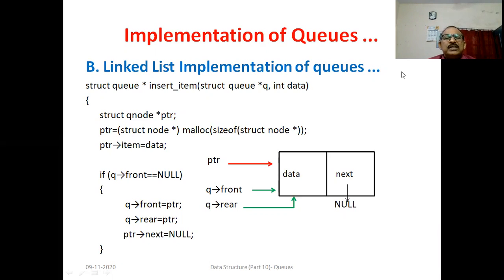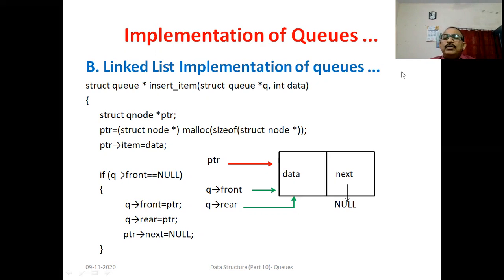The system malloc function allocates memory space depending on the size of the struct node, and sets PTR to point to that memory location. In the figure, you can see PTR is pointing to the memory allocated by the computer. Next statement, PTR item is equal to data. We simply put the data into the information field of the queue node.